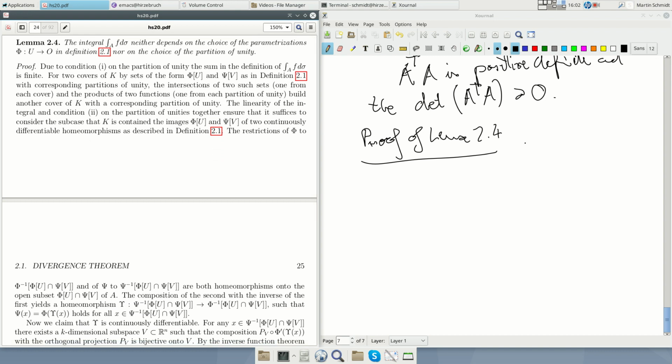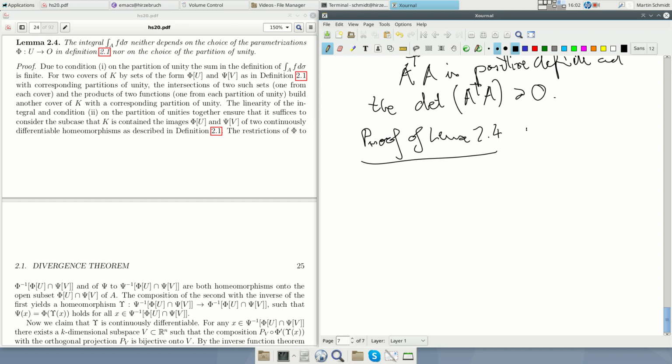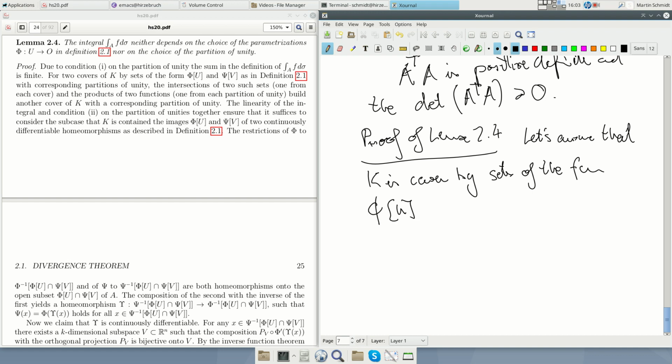Okay, let's assume we have two such coverings. Let's assume that K is covered by sets of the form phi of U, and by other sets.